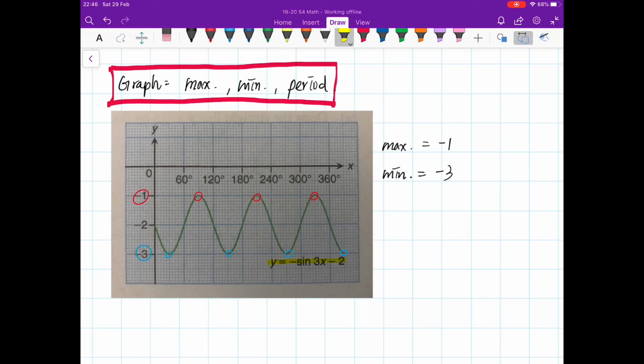And for period, we are talking about how many times or what is the degree for the curve to repeat itself. Okay, so I will use some colors. So first, I will use the yellow color, okay, to draw the curve until it reaches its original position. And I will stop. And then I will use another color.